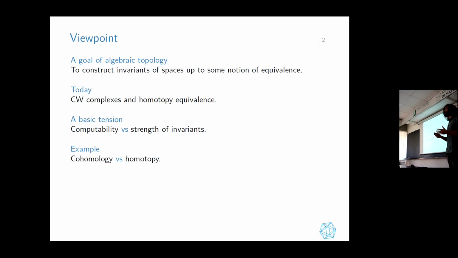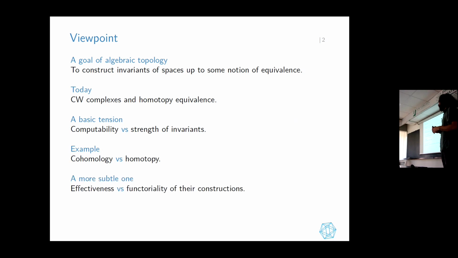The example that we use to illustrate this tension is cohomology versus homotopy. I'm quite familiar with this. But I would like to focus today on a more subtle tension, and that is between the constructions of the invariants: how effective those constructions are versus how functorial the constructions turn out to be.